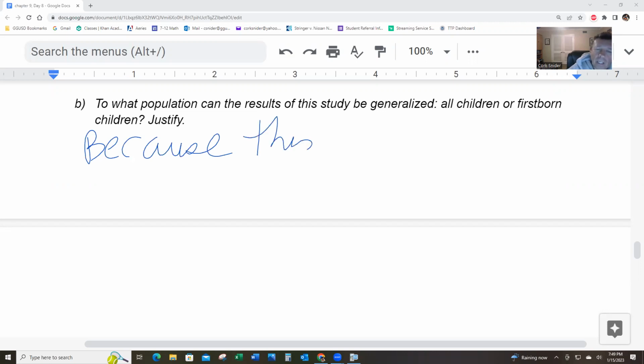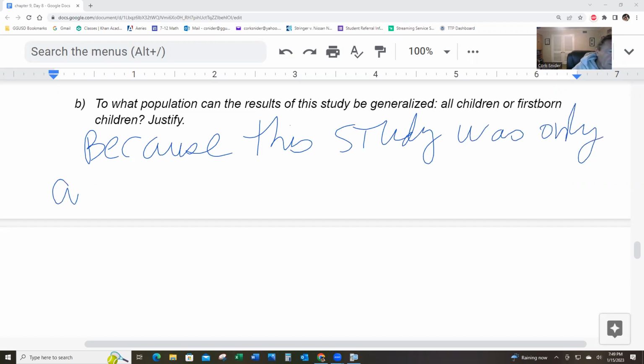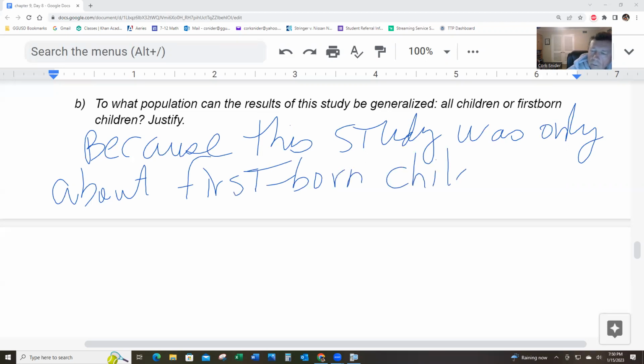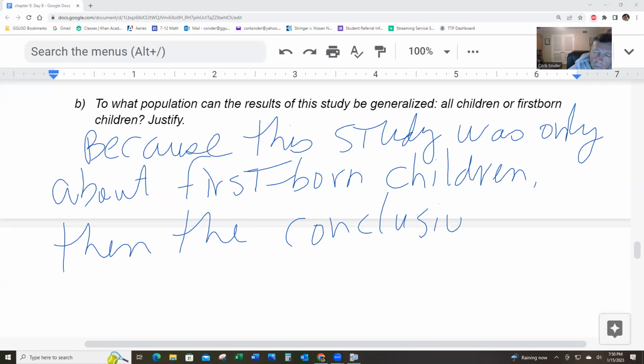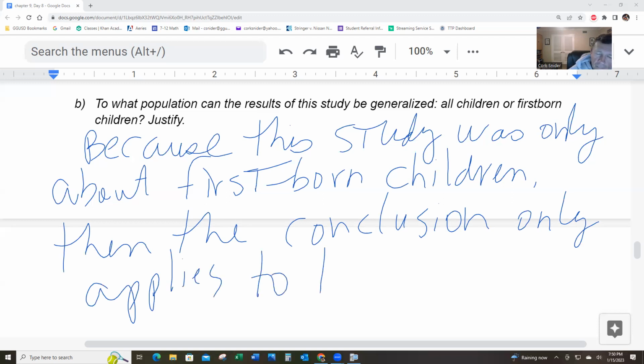Because this study was only about firstborn children, then the conclusion only applies to them. How's that?